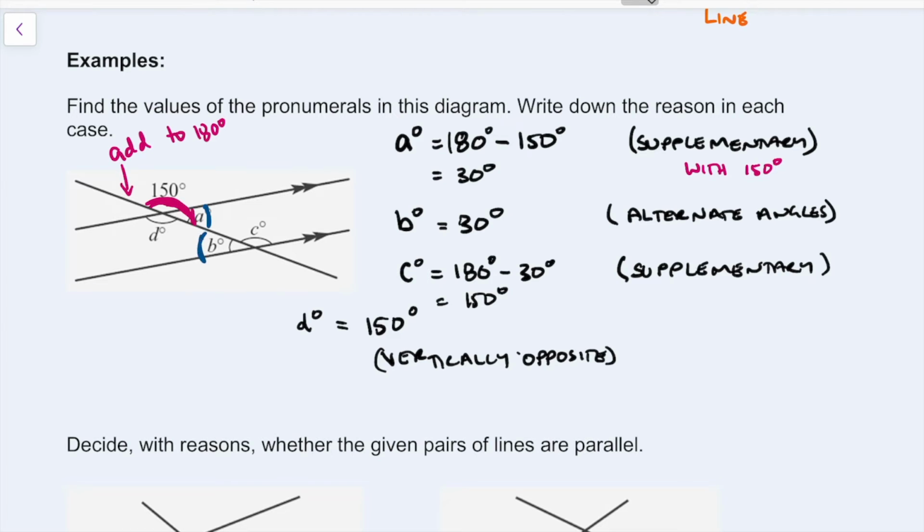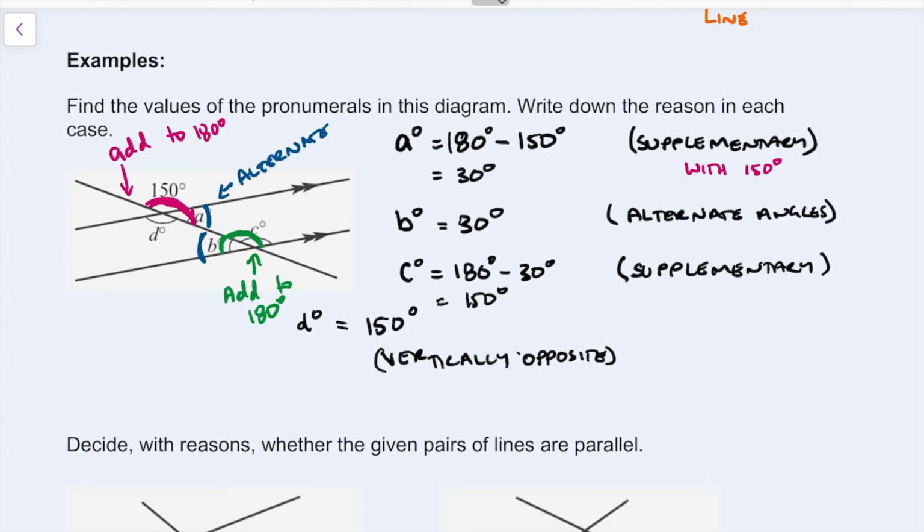These two are alternate, which means they are equal to each other. These two are supplementary again, so they add to 180 degrees.